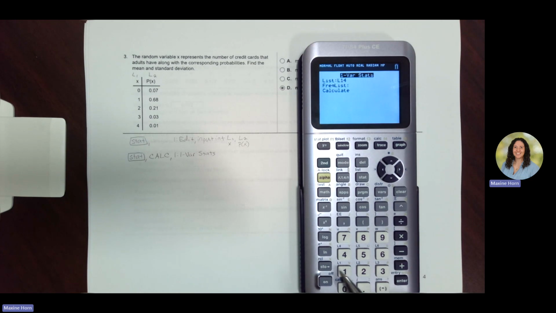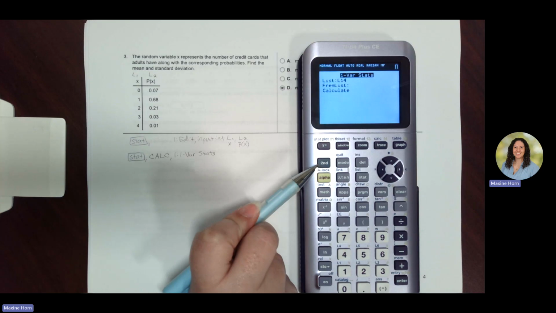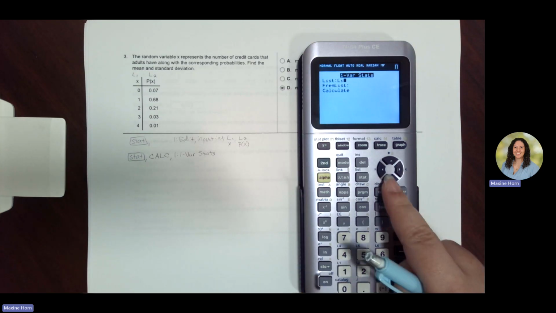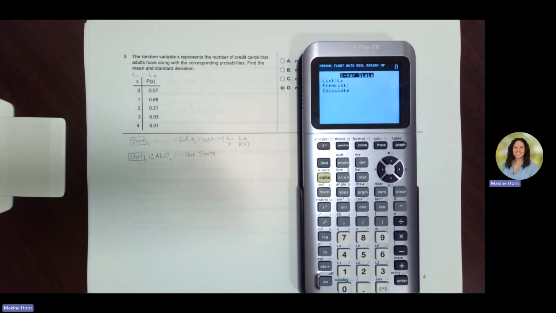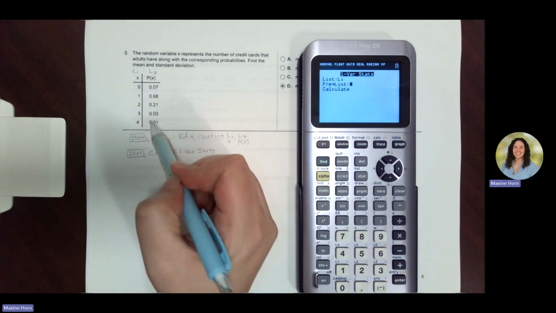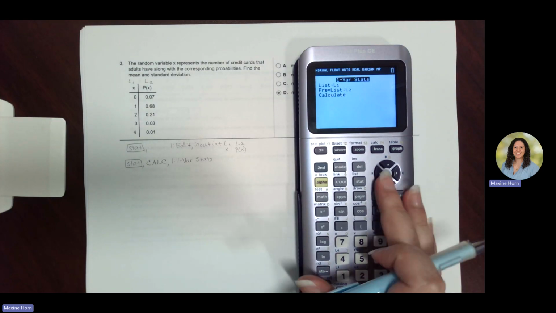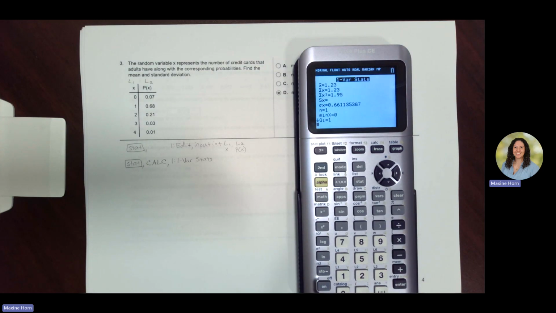If not, you see the L1 is written here above the number 1, so you have to hit second. You can kind of think of it like a shift button. Second 1 tells you L1, and then the frequency is where we're putting the probability. Okay, so that's where we put L2. So L2 is directly above the number 2, and then we calculate.